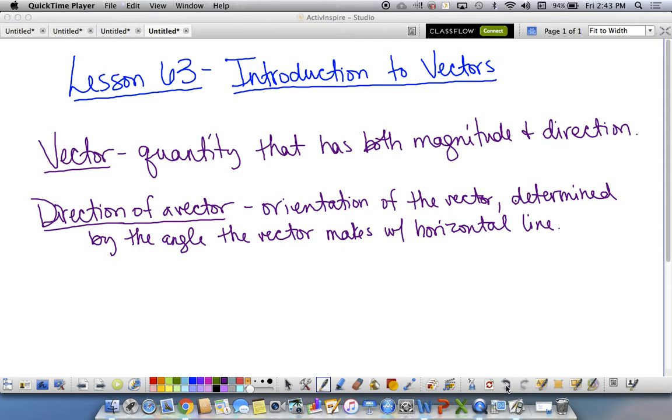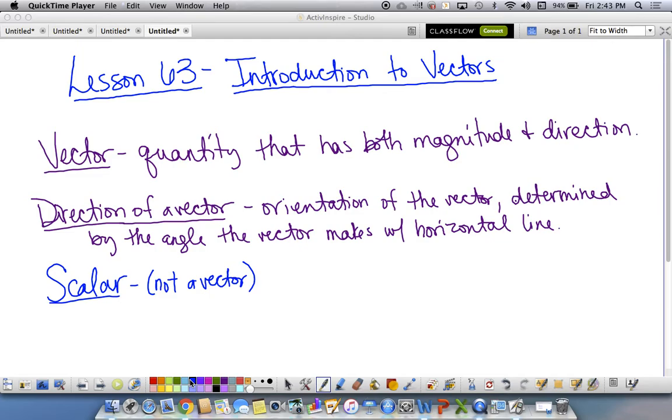Let's go ahead and talk about a few other things before we get into magnitude. A scalar. When you talk about what a scalar is, it's not a vector. It's in contrast to a vector. Okay?